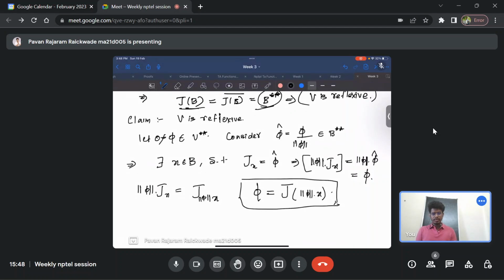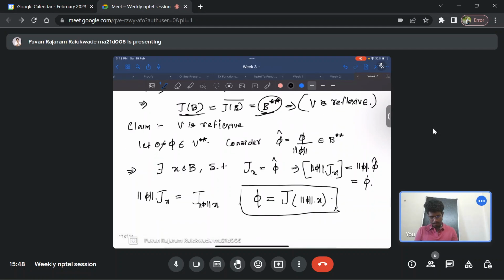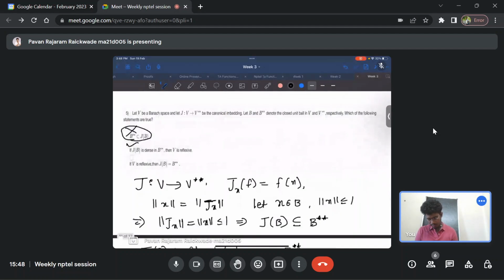So for any element phi, you get a pre-image in V such that J of x is phi, which implies the space is reflexive. Now this is true: if V is reflexive, then J of B equals B star star because of isometry.